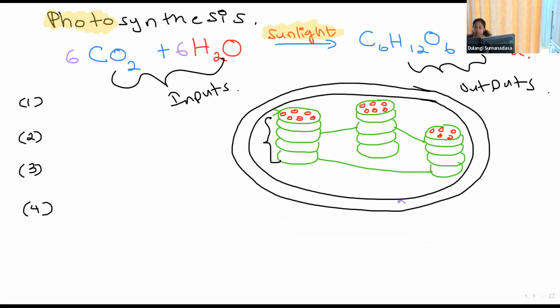So what are the requirements for photosynthesis? There are 4 things you need to have. Write down all the 4 things. All the inputs, right?